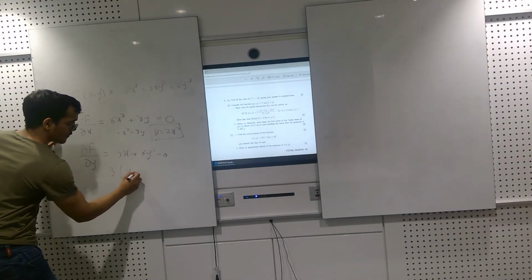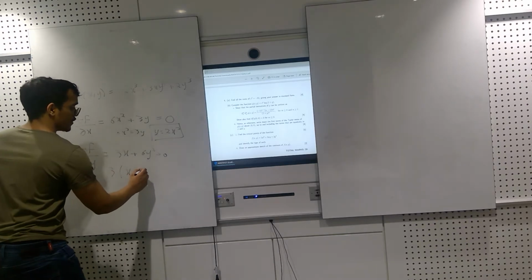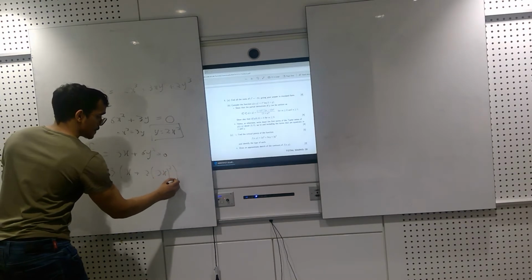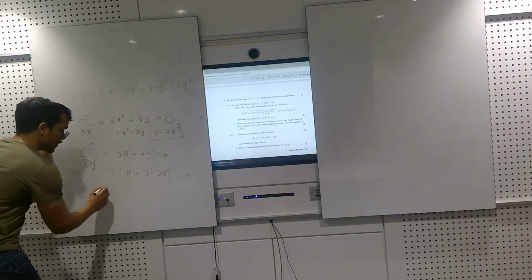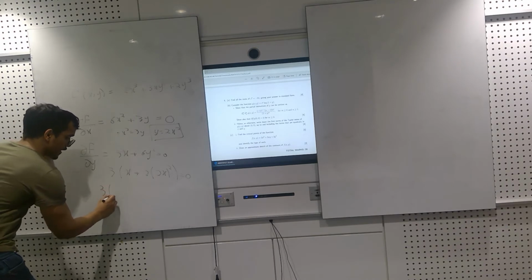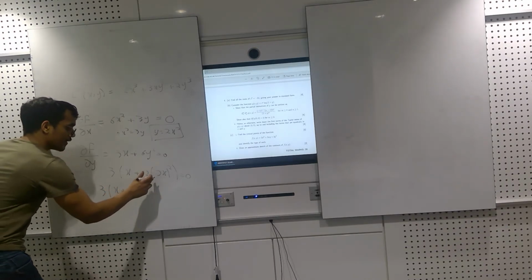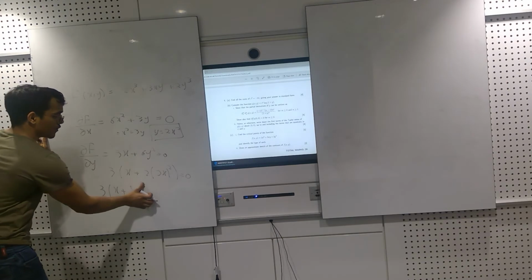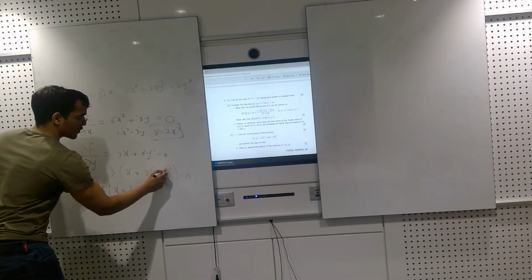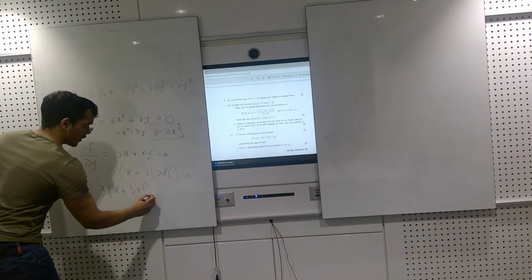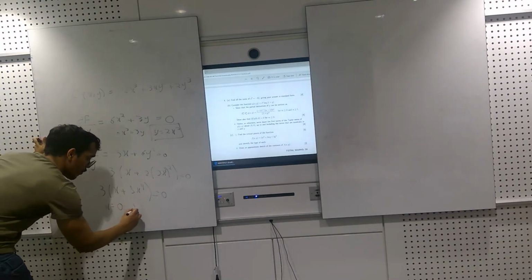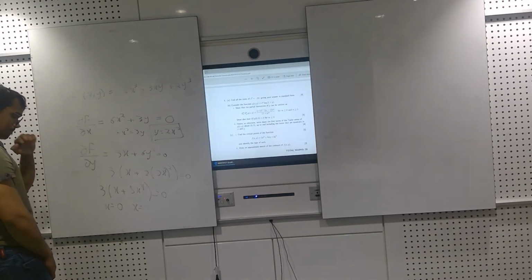You are left with x plus 2y squared, and y squared is just 2x squared, which will be equal to 0. So this will be equal to 3 times x, and this will be 2 squared times 2, which is 8x cubed. No, 3x to the 4, this is a square, so to the 4 will be equal to 0.